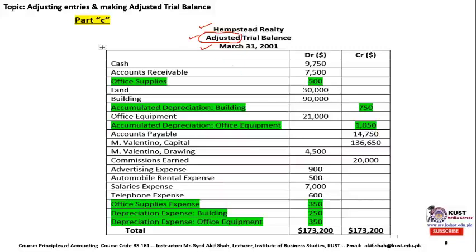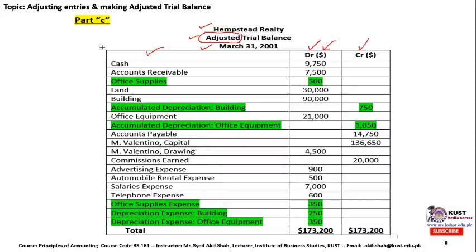Then we can make a table like this in your notebook, which consists of 3 major columns. The leftmost is for the account titles. The middle one represents the debit column, with the title DR along with the dollar sign, which follows the monetary principle, and DR represents the debit record.